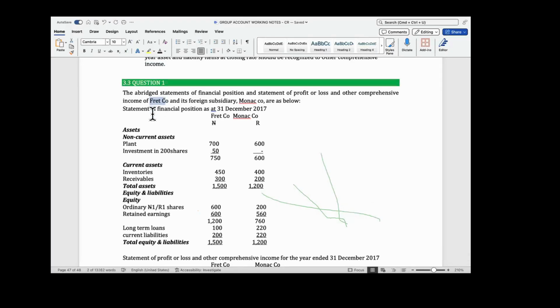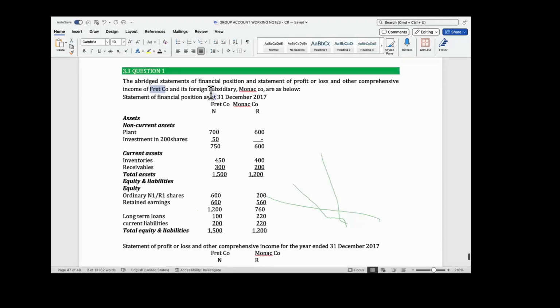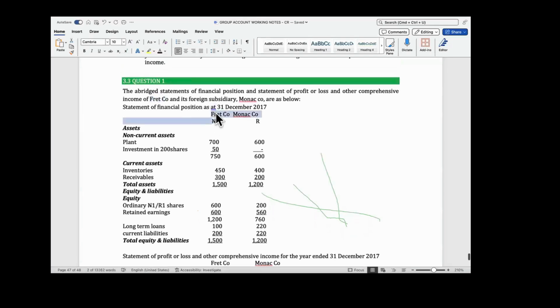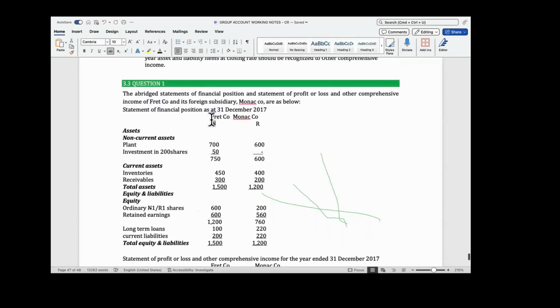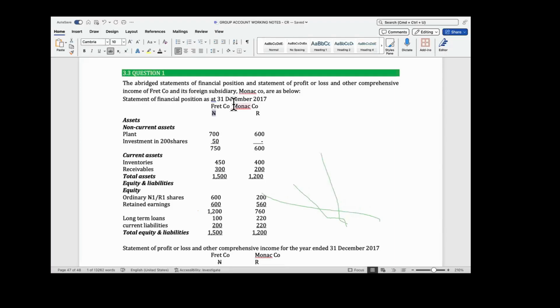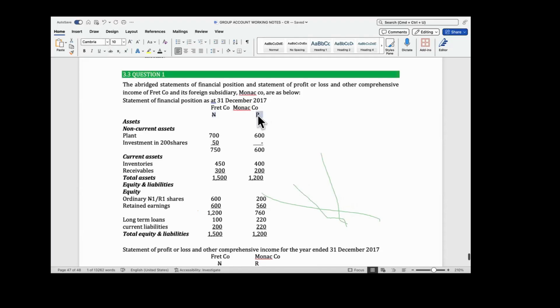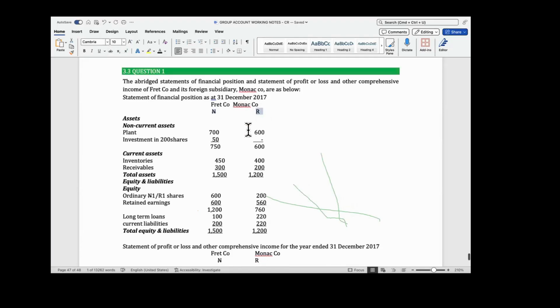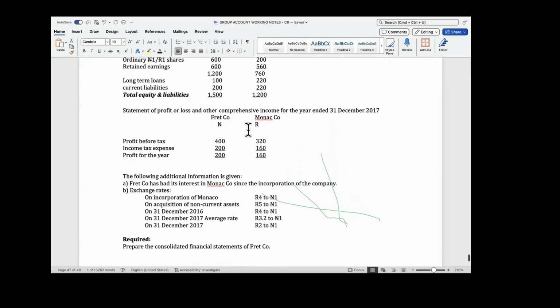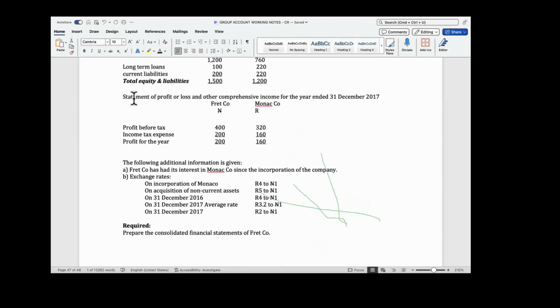We're given the statement of financial position of the two companies, and you'll see that for Fredco, we're given its accounts in its own functional currency, which is Naira, and Monaco, which is our foreign subsidiary, this is its own currency. Let's call it R. Additionally, they also give us the statement of profit or loss and other comprehensive income of the two entities, the parent and the foreign subsidiary.